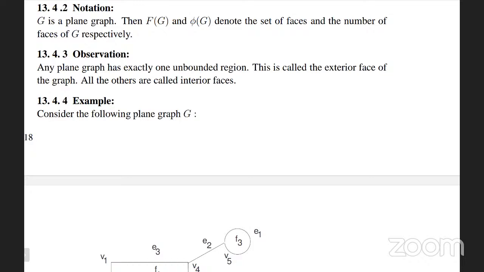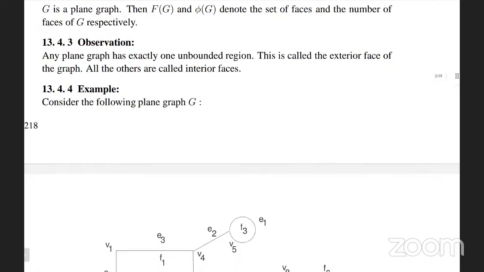The exterior face of the graph is the unbounded region, having the exterior outside points. All the others are called interior faces, because they are interior regions.